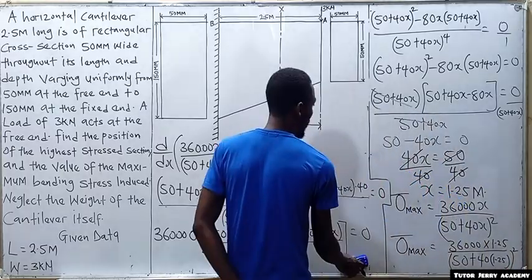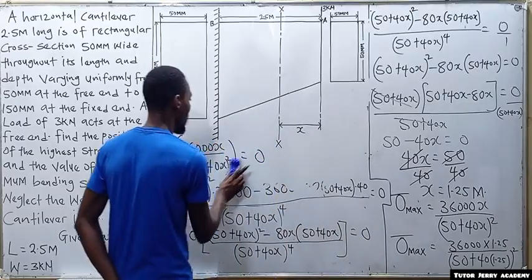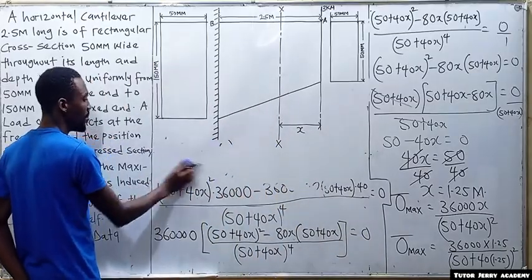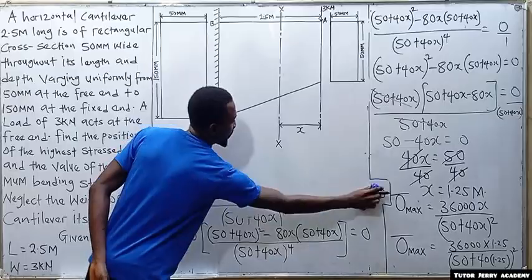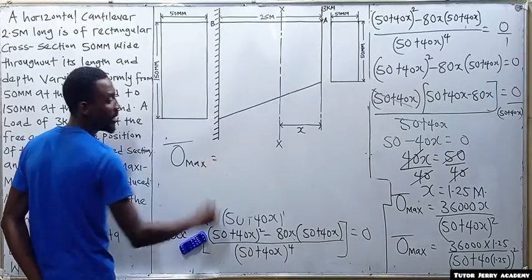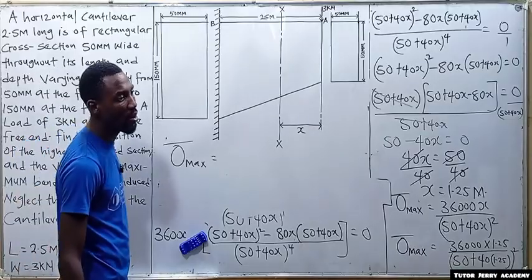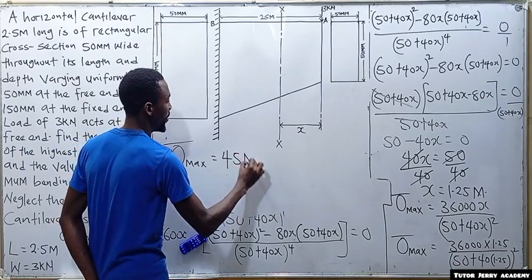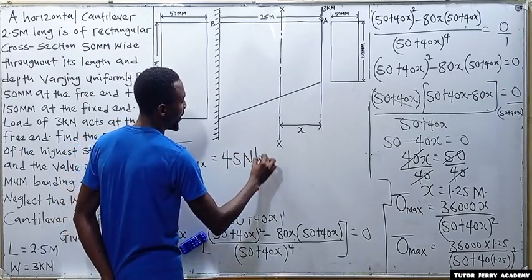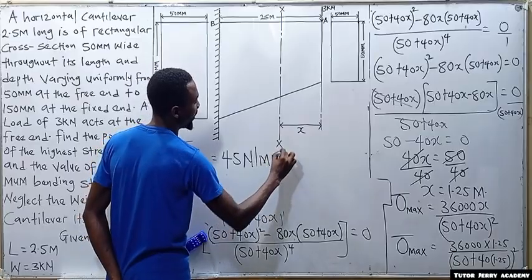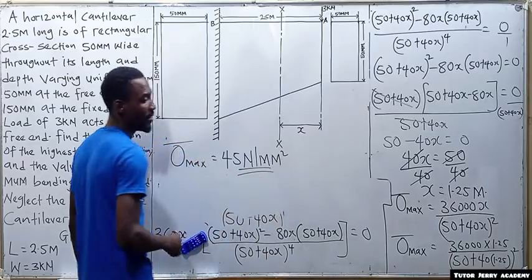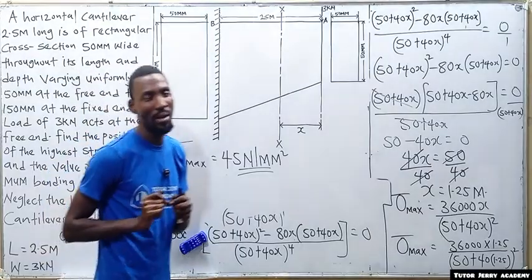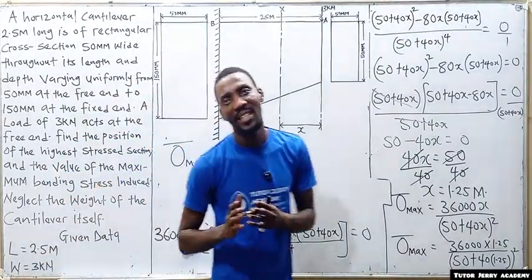If you press that in your calculator, you're going to have your maximum stress equal to 45 Newton per mm squared. So that is what we are going to have.